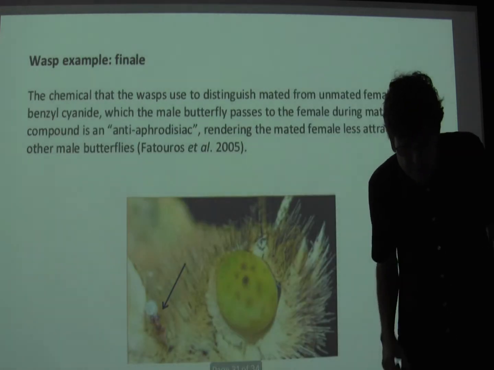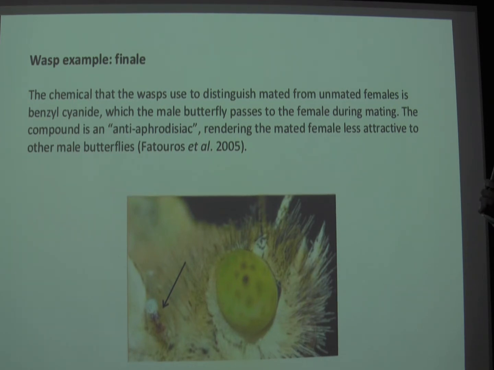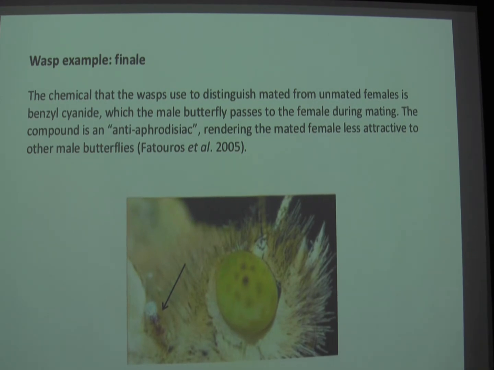So the null hypothesis is rejected. So female wasps can actually tell mated from unmated butterflies. And this project went on to try to figure out exactly how they do it, what they detect on the female. And this is for you entomologists in the crowd, really just a bit of science to indicate that this is actually a biology course and not a stats course.